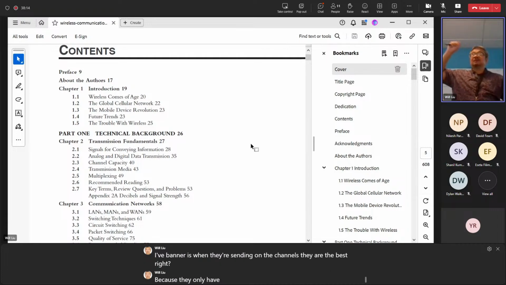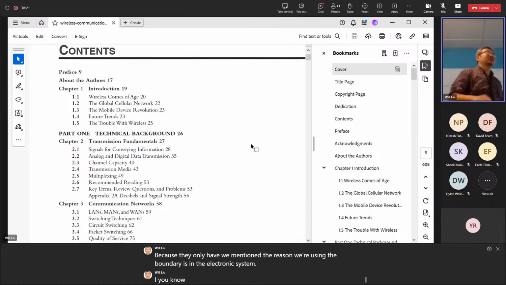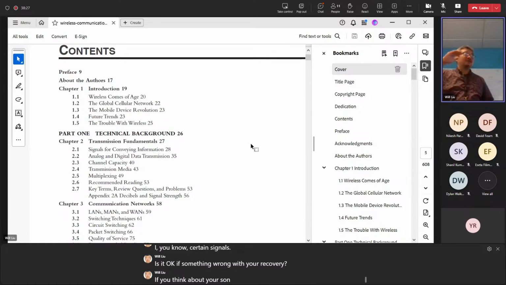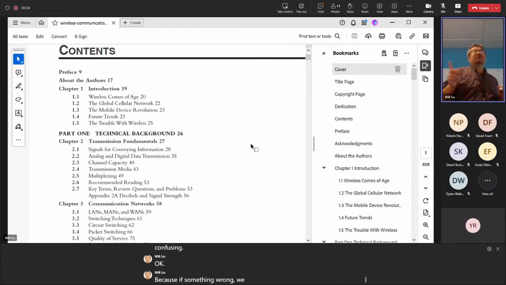You see, we mentioned the reason we're using binary is in the electronic system. When we're sending signals, 0 and 1 are easy. Okay, if something goes wrong, you can even recover it. If you think about sending something like 4 levels, that can be confusing, okay? Because if something goes wrong, which level should it be? And that actually is a larger space.